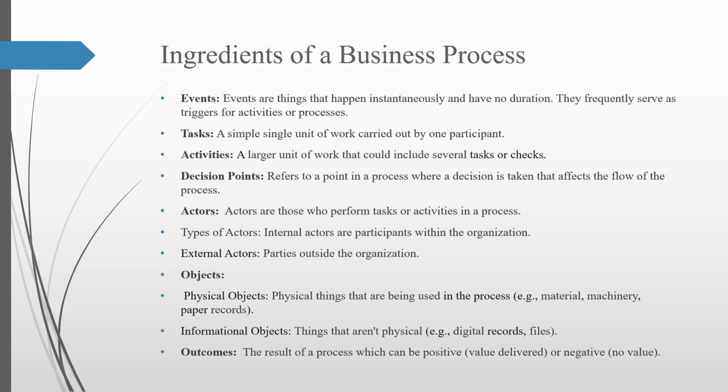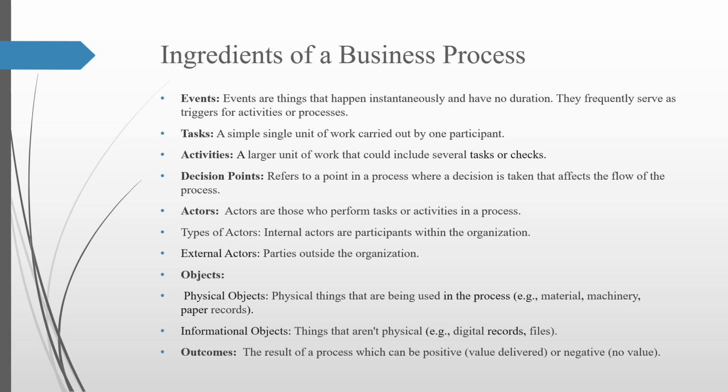Ingredients of a business process. Events. Events are things that happen instantaneously and have no duration. They frequently serve as triggers for activities or processes. Task. A simple single unit of work carried out by one participant.